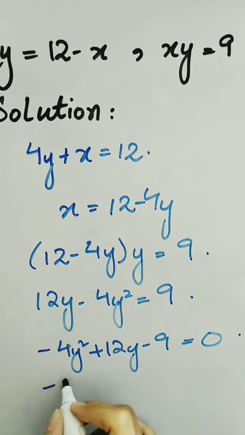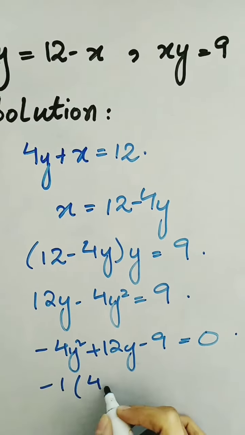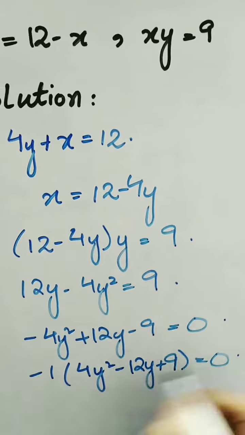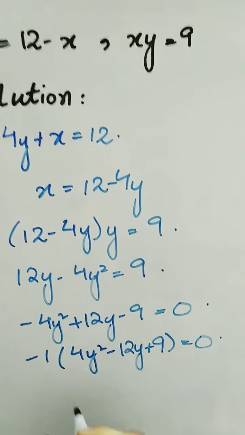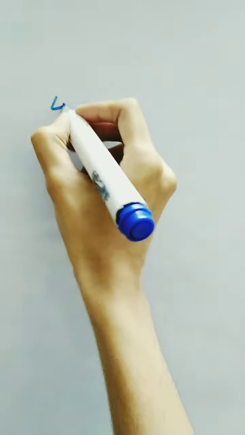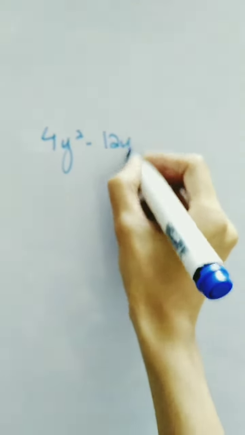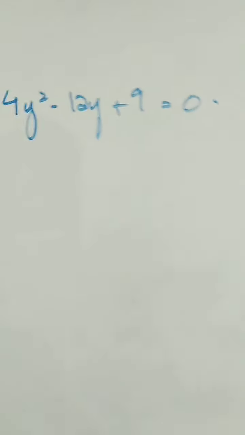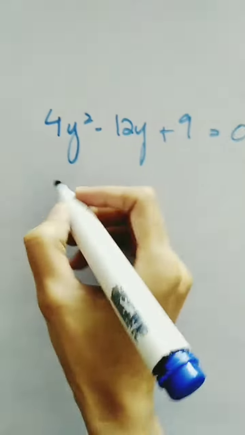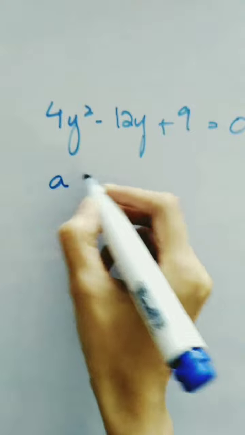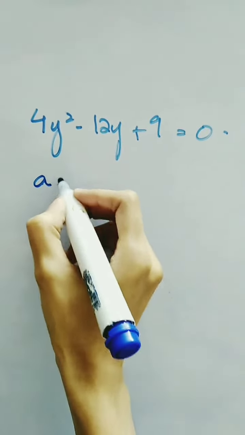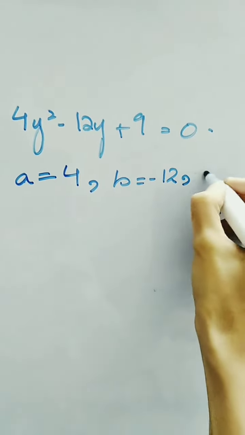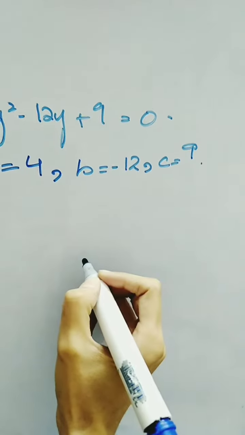We have just taken minus 1 common here, so we will have 4y square minus 12y plus 9 equals 0, and once this minus 1 goes there, it becomes 0. So we will have 4y square minus 12y plus 9 equals 0. Now we will put the values of a, b and c into the quadratic discriminant, but first we will see a is 4 here, b is minus 12 and c equals 9.